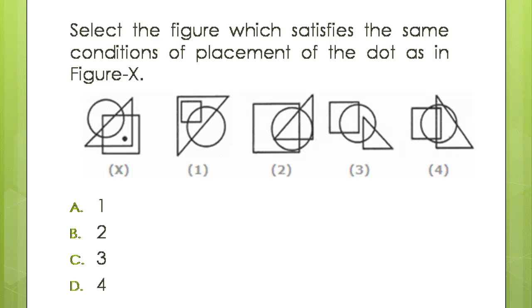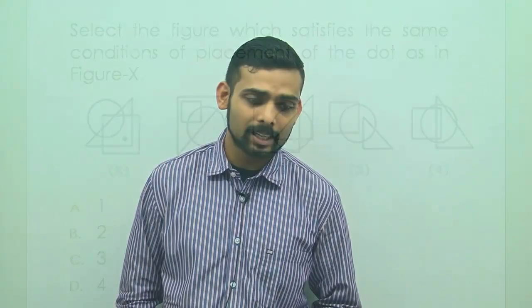So in which square will I find such conditions? If you take square 1, do I have any area which is covered by the rectangle and the triangle and not covered by the circle? Yes, of course I do. So I can put the dot over there.